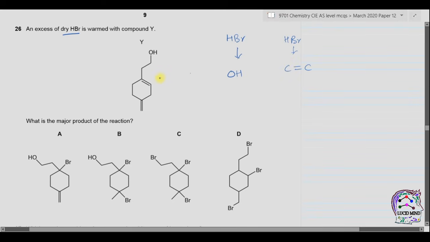So let's see how many hydrogen atoms are present on each carbon atom. This has no hydrogen atom because all 4 bonds are made. This one has 1 hydrogen atom. This carbon does not have any hydrogen atoms. This has 2 hydrogen atoms.